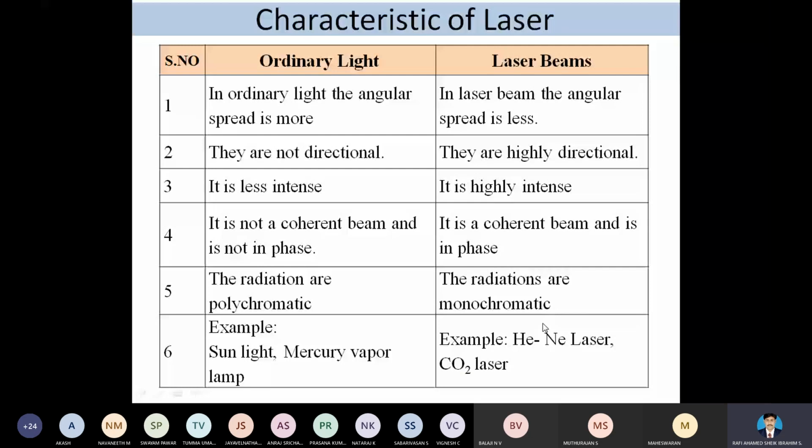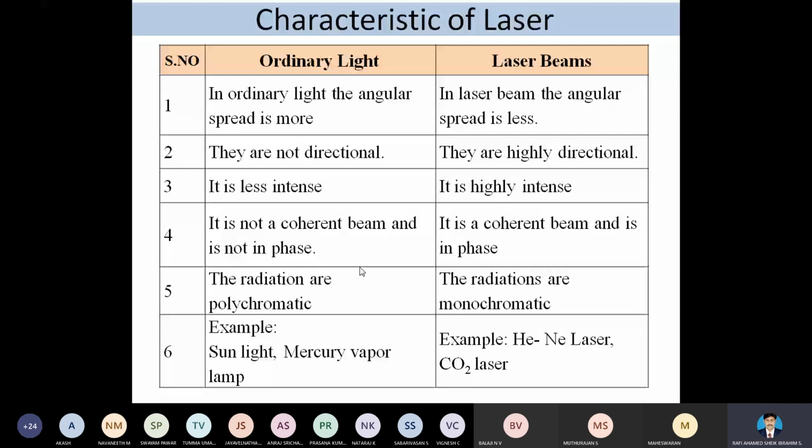Basically we have 5 different types of lasers, but here I have taken only one, the gas laser, helium neon or CO2 gas laser. So these are all the comparisons of the characteristics of the laser. I will ask you to say any one characteristic of laser, so get ready and be prepared.